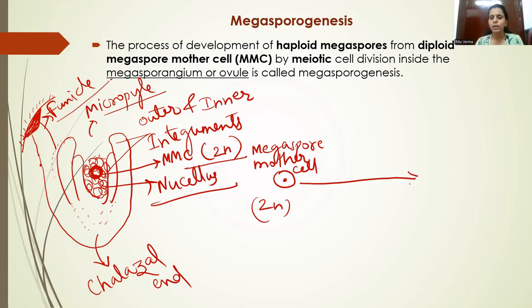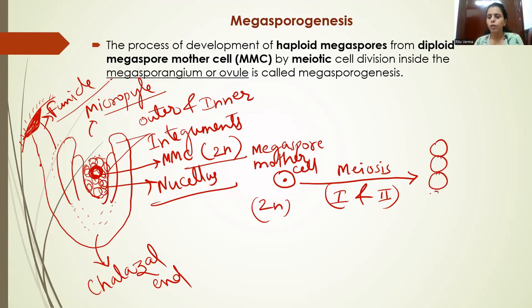This megaspore mother cell, which is diploid, undergoes reductional cell division, which is known as meiosis. There are two types of meiosis, meiosis 1 and meiosis 2. Remember, the megaspore mother cell is present inside the ovule and enclosed inside the integuments. These megaspore mother cells undergo meiosis 1 and meiosis 2, and then produce a tetrad of 4 haploid megaspores.